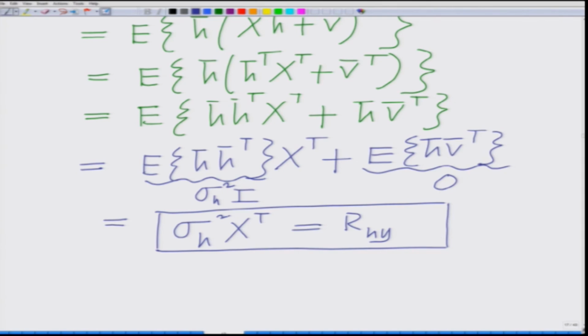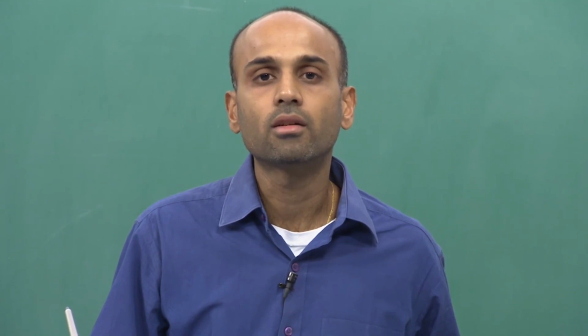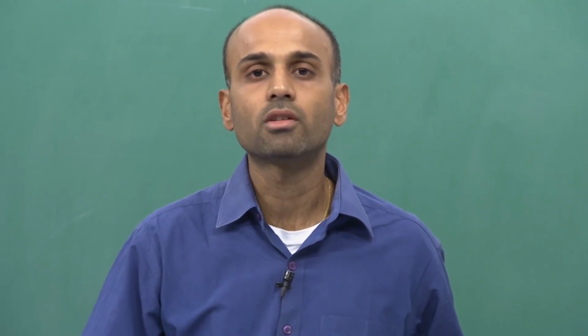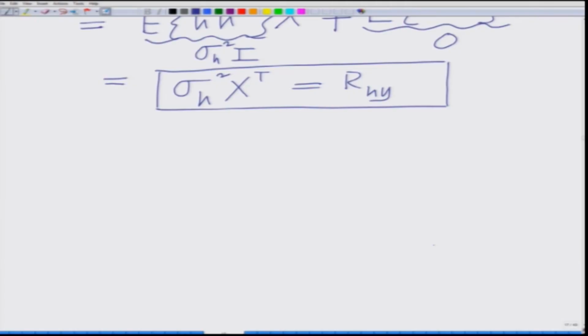So we now have both the quantities, R H y and R y y. Therefore the channel estimate is H hat equal to R H y into R y y inverse into y bar, that is the LMMSE estimate. Now we are going to substitute these quantities to derive the LMMSE estimate.